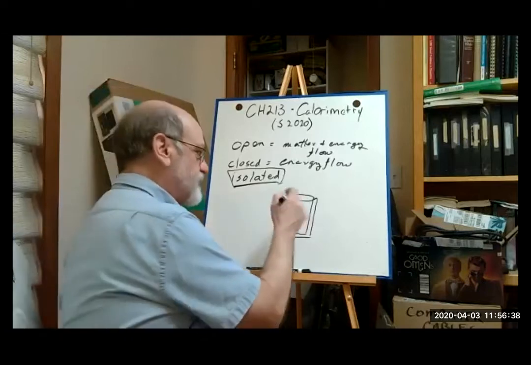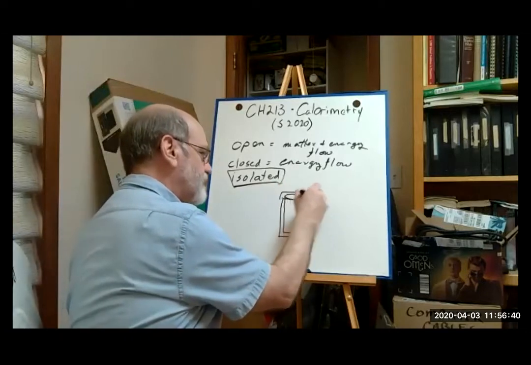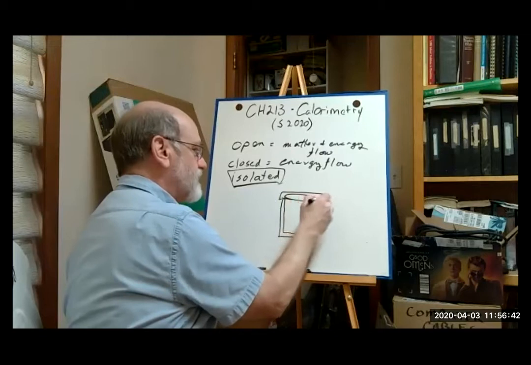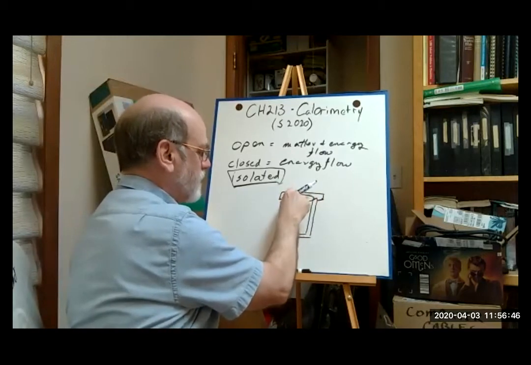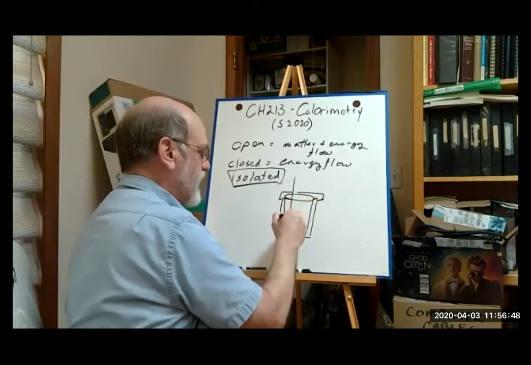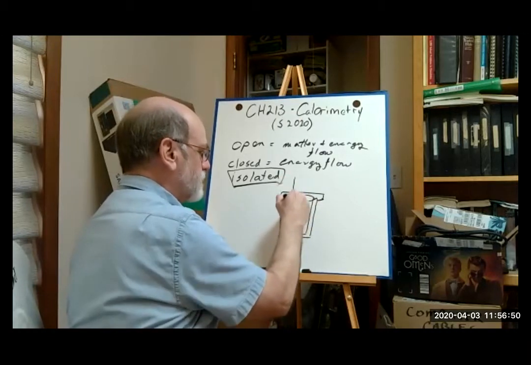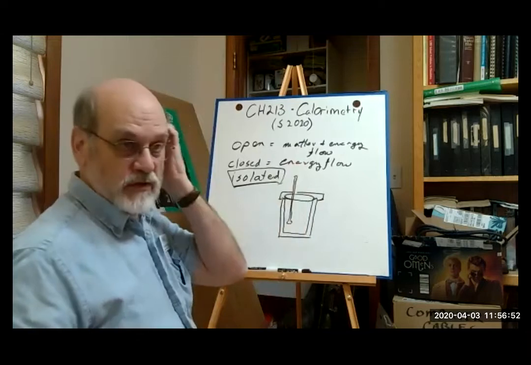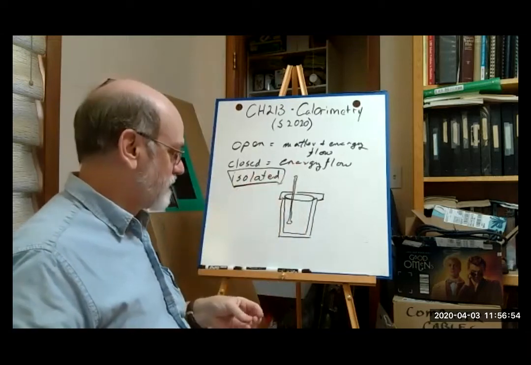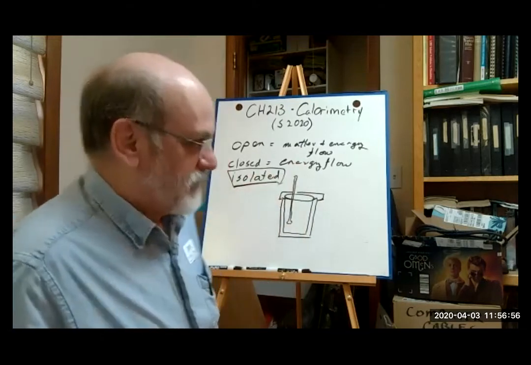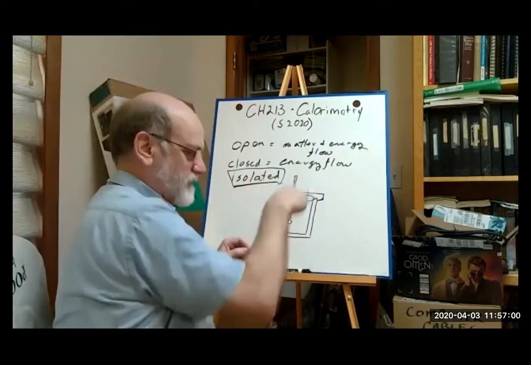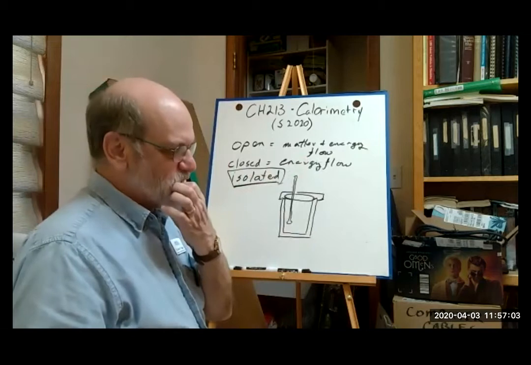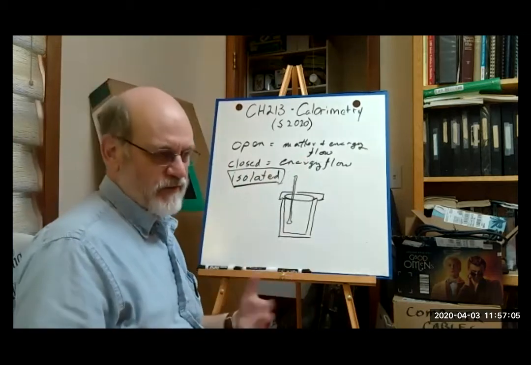Okay, so we've got the cups. We're going to have a lid, just a simple polystyrene lid, and then we're going to have a hole in it, right here. And into that, we have a thermometer. That's how we measure any temperature changes. Now, the original design had a stirrer built in so that you could mix it. But the stirrer was not very robust.